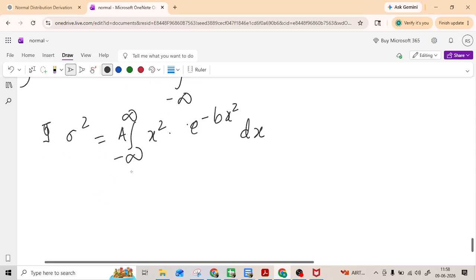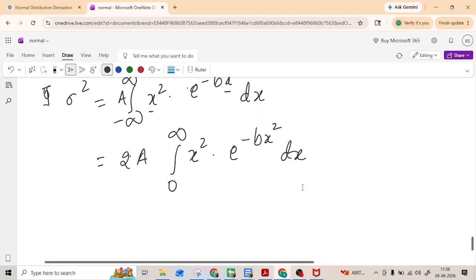But then we will need to do one important trick over here, because this is symmetrical again. You see x square is there and minus bx square, so everything is in terms of x square, so this is symmetrical around x equal to 0. So what we will do is this becomes 2 times the integral from 0 to infinity of x square into e raised to the power minus bx square dx.